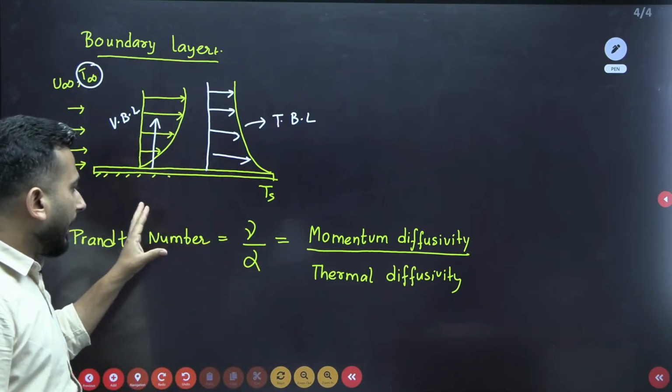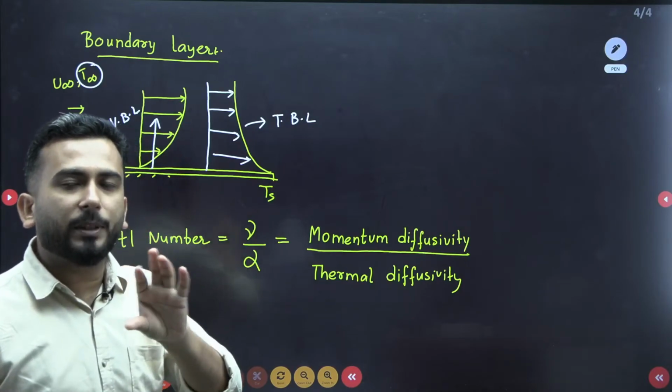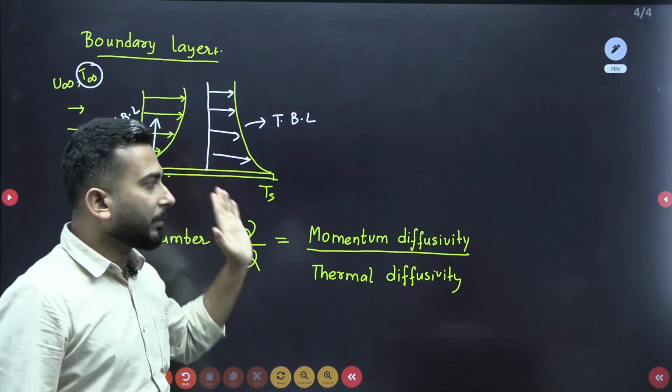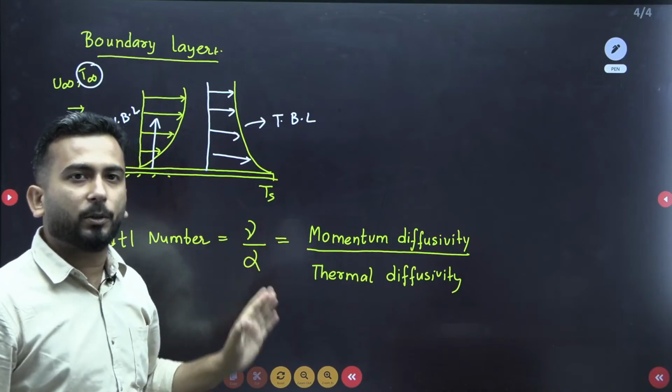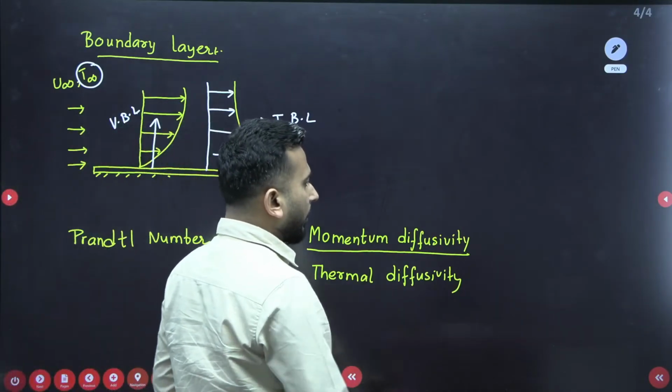So I can say that the Prandtl number gives a very vivid comparison between the velocity and the thermal boundary layer. Obviously the units are the same, meter square per second, so they cancel out, and it is a dimensionless number.